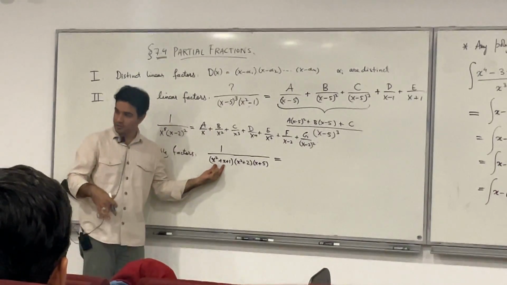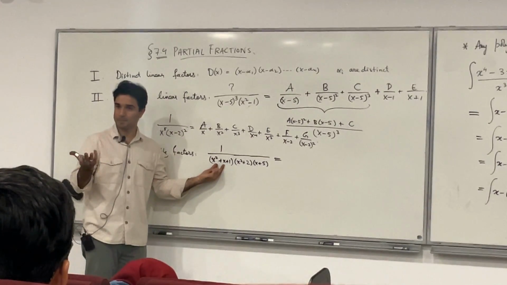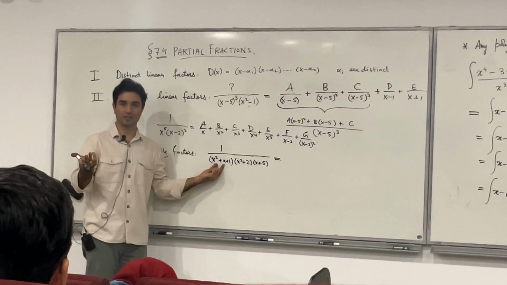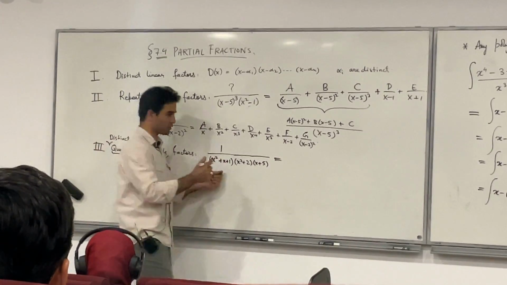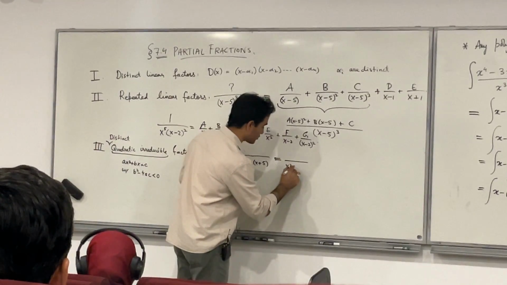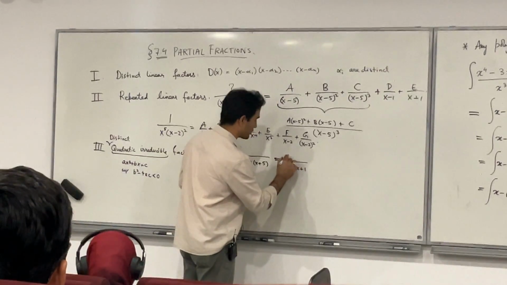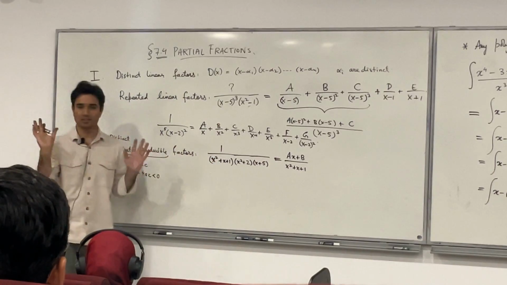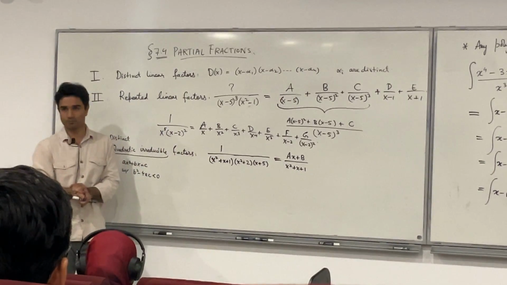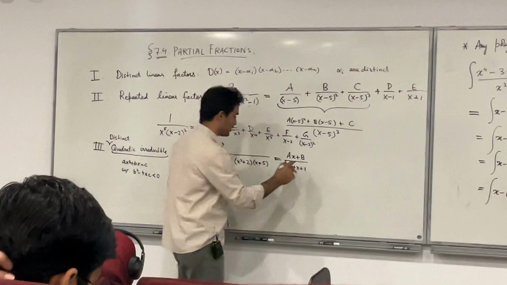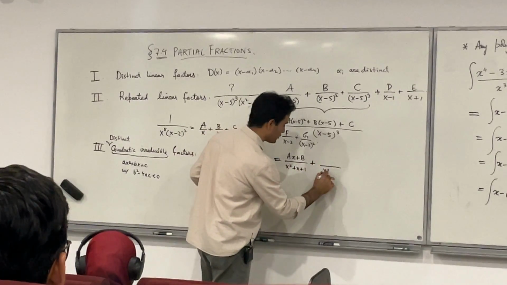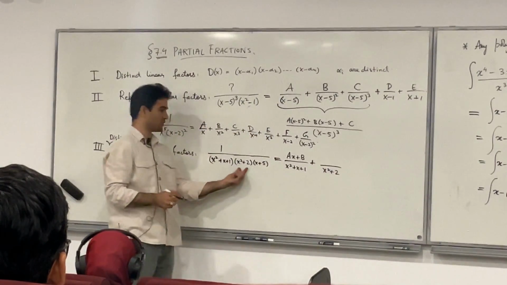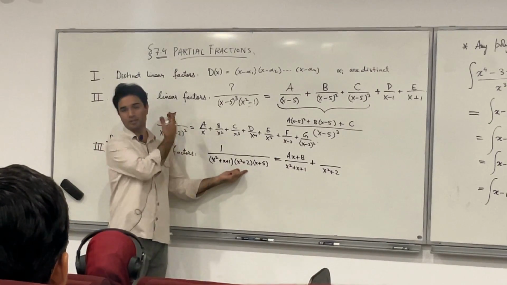Each of the quadratic ones gets a what? Linear. Gets a linear factor on top. So the x squared plus x plus 1 gets some ax plus b. You don't know what, some ax plus b, right? And then the other guy, x squared plus 2, the other factor, gets some other linear thing.